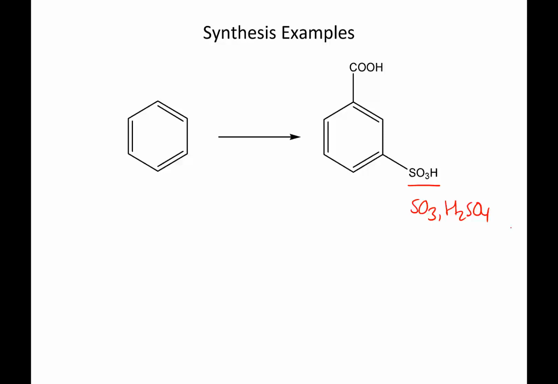So there's a lot of stuff here. In addition to the chart, it's not just the chart, it's also the electrophiles and how we add them. Do we know how to add a COOH group to the ring? Jacob?